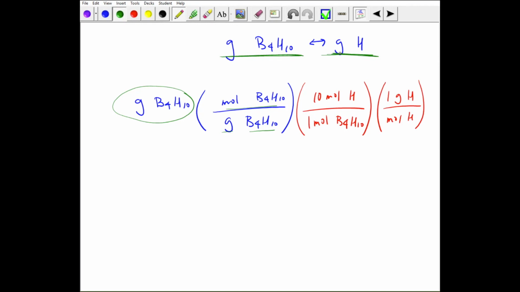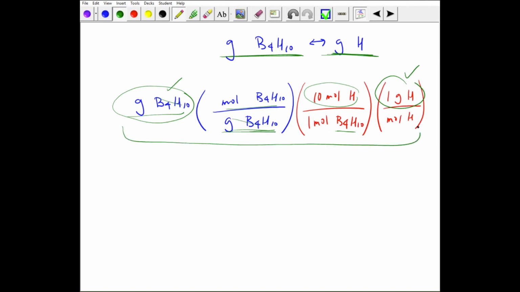For instance, if we have grams of B4H10, we still need the molar mass, so grams per mole of B4H10, we cancel out grams. We still need this connection that for every 1 mole of B4H10, we have 10 moles of hydrogen. Then to finally connect this to from grams of B4H10 to grams of hydrogen, again, we'd have to go through all of these steps.